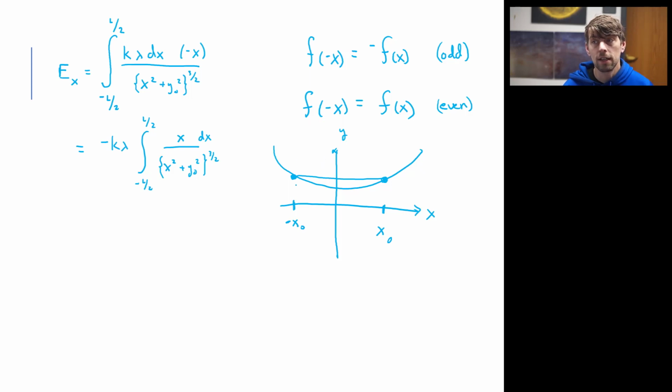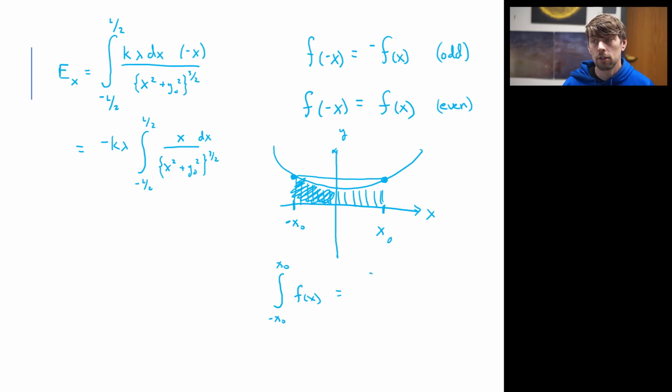That's what this expression means. And you can see that if I integrated over a symmetric range, say if I integrated my even function from negative x naught to positive x naught, you will notice that I basically get an area times 2.